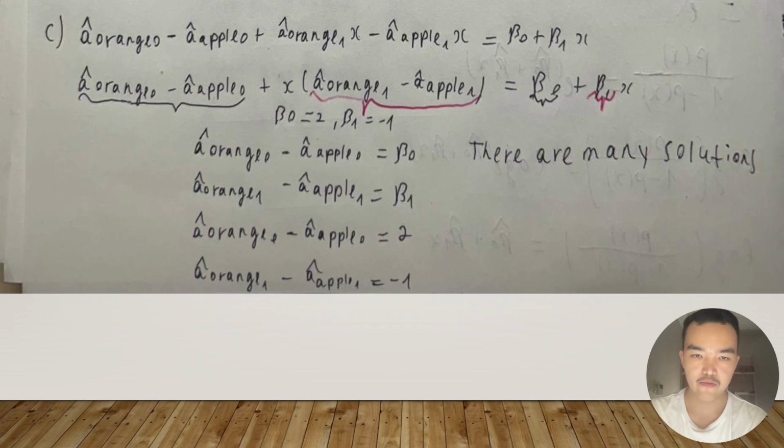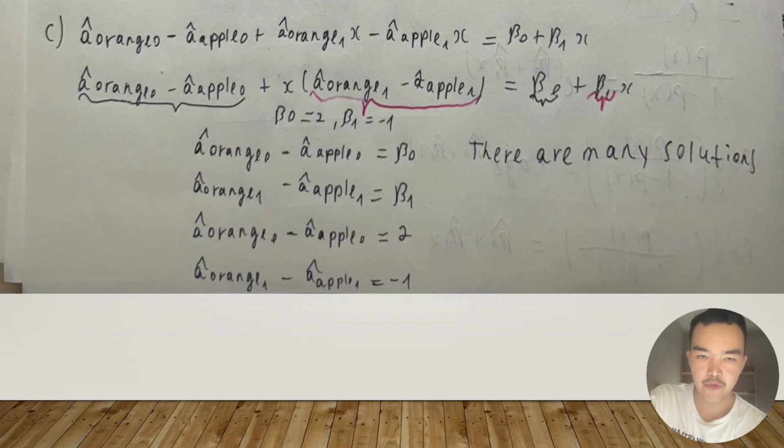So to find the coefficients for our friend's model, we make equal our friend's model and our model, and on the left hand side we write the variables for our friend's model, and on the right hand side we write the variables for our model.